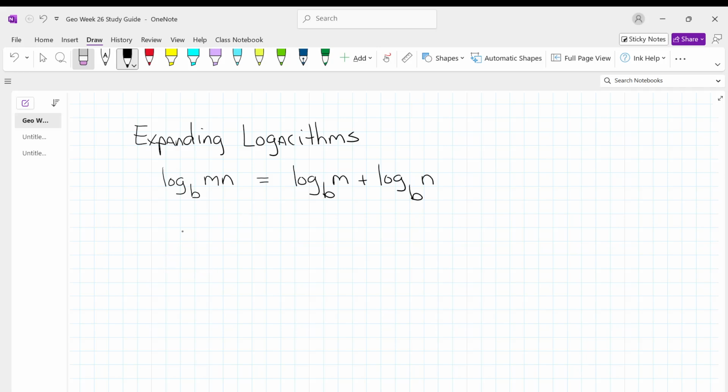If you get log b of m over n, in expanded form, that's log b of m minus log b of n.